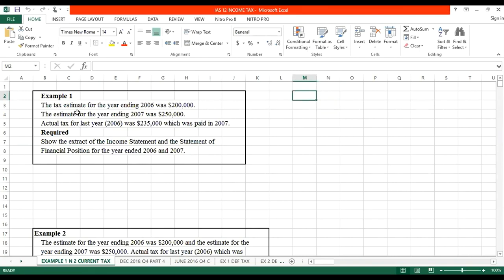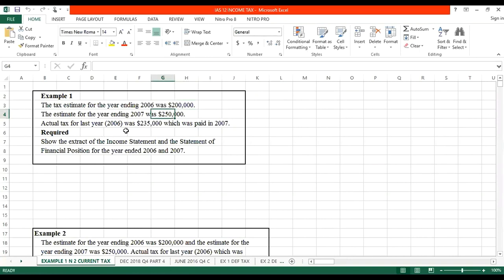So let's carefully follow this question. The estimate of tax for the year ended 2006 was 200,000. The estimate for the year ended 2007 was 250. So this is the first year, this is the second year.